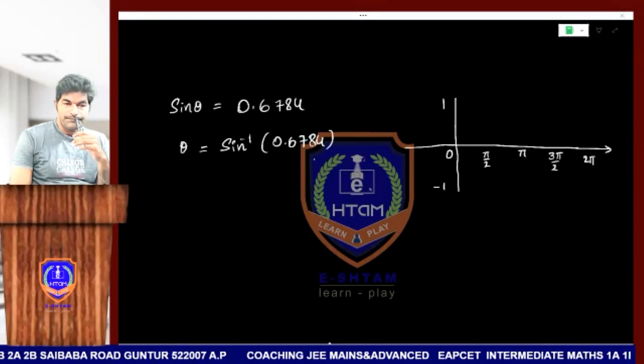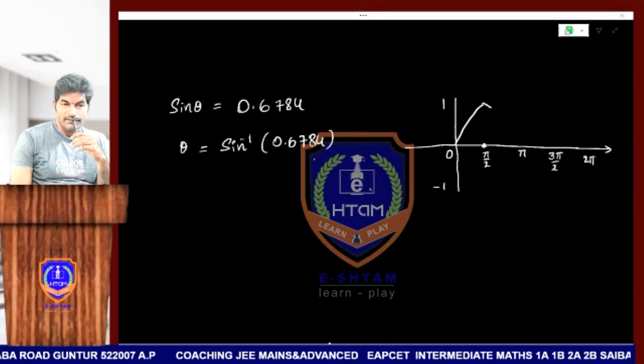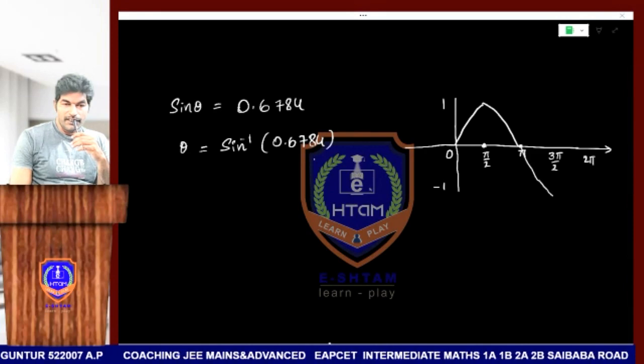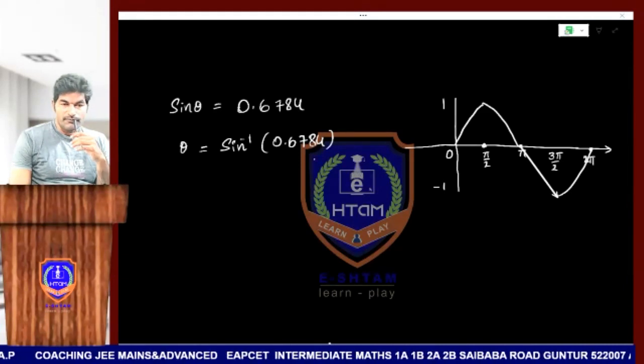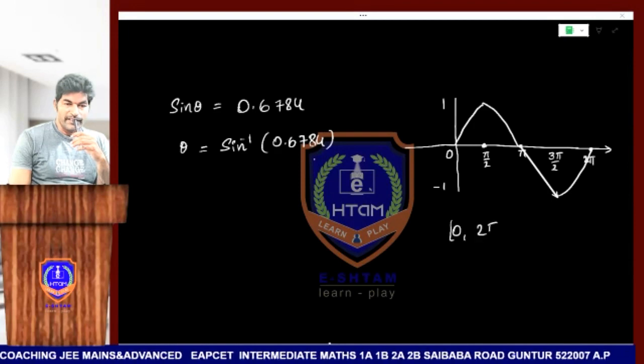The graph at 90, the sine graph is attaining +1. At pi it is 0. At 3 pi by 2, it is -1. And at 2 pi, it is 0. This is the graph we are drawing from 0 to 2 pi.